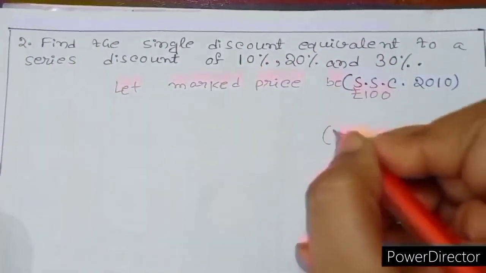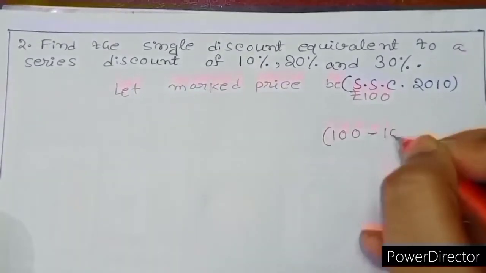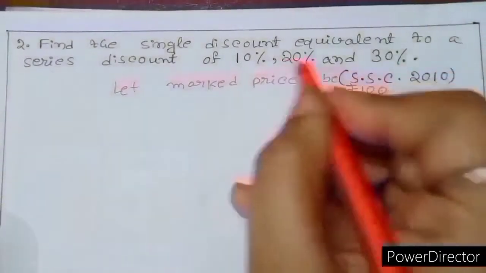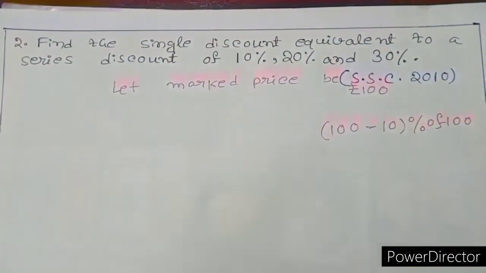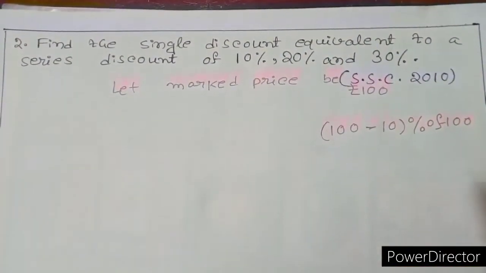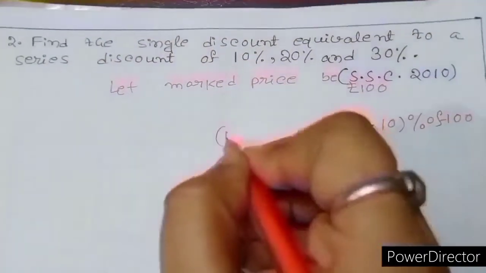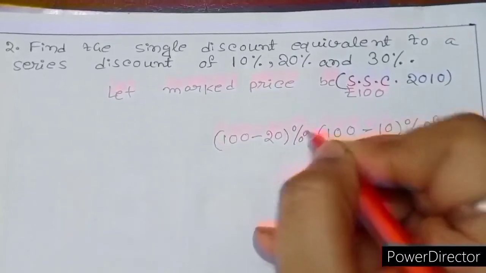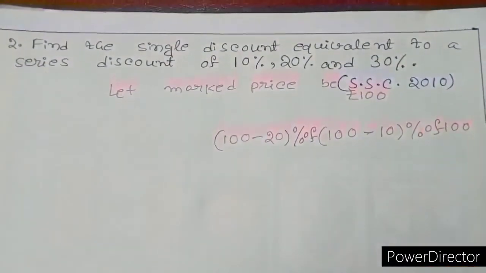Then first 10% means 100 minus 10% of 100. Then 20%. 20% of what? 20% of 100 minus 10% of 100 means 100 minus 20% of this.